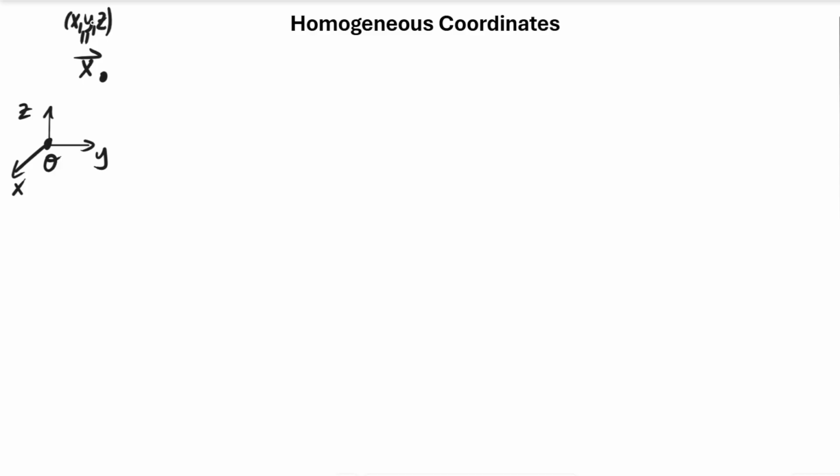So we now apply a translation vector t to this point. So it's like that from here to here, for example. This is also a vector t having three coordinates, for example t1, t2, t3.